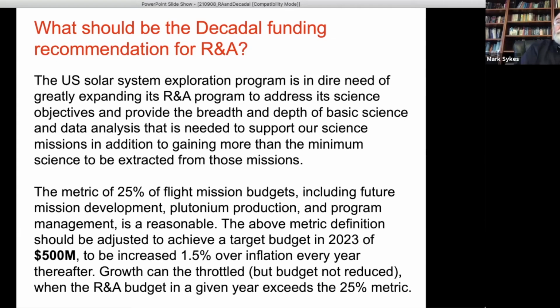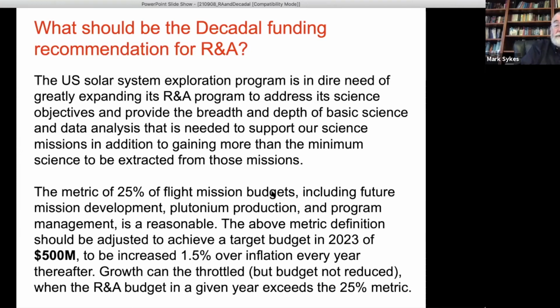But I would say it reflects the need that we have. And frankly, we don't have the number of scientists needed to do all the work that we should be doing today. And we're not doing a lot of science, where there's lab work, some theoretical calculations, as well as data analysis that we should be doing.